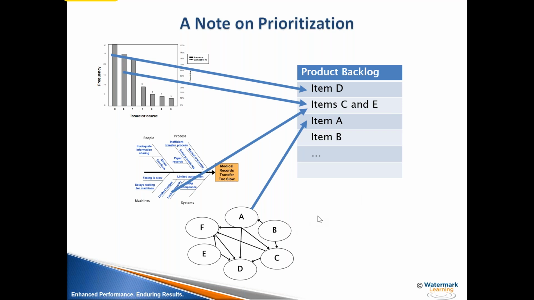Or maybe we just ignore other things, like the machinery in the Fishbone was just not important enough to really cause us to deal with. Or some of the cause categories in our interrelationship diagram are more effects, and so they're not causes. Let's work on the big cause first, and that gets higher priority. So root cause tools are useful for prioritization, I guess, is the long-winded way I've come to saying that.